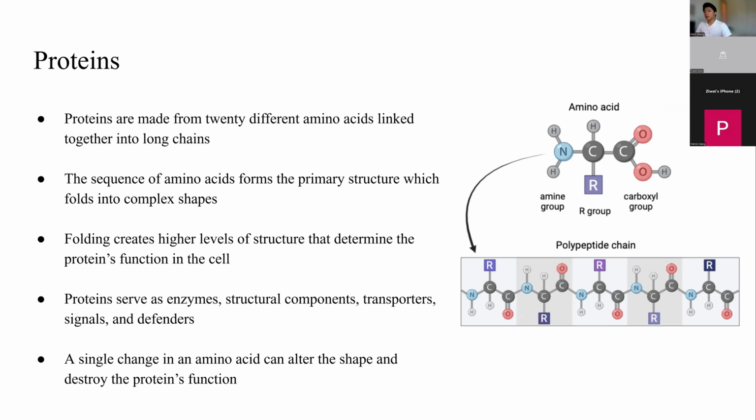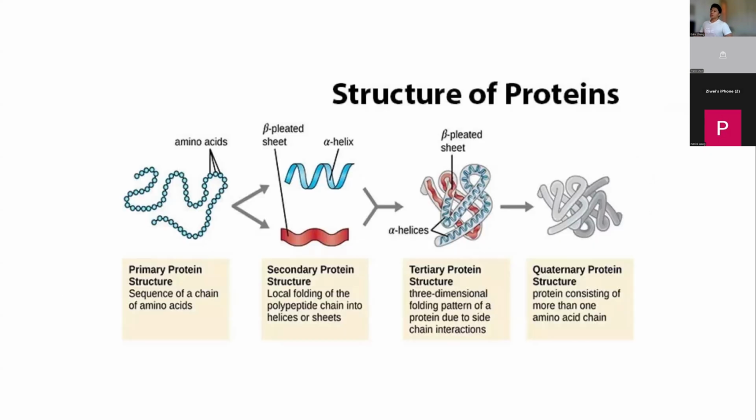So I'll talk about the structures of proteins now. The sequence of amino acids mainly decides the structure of the protein. And we have four main structures.